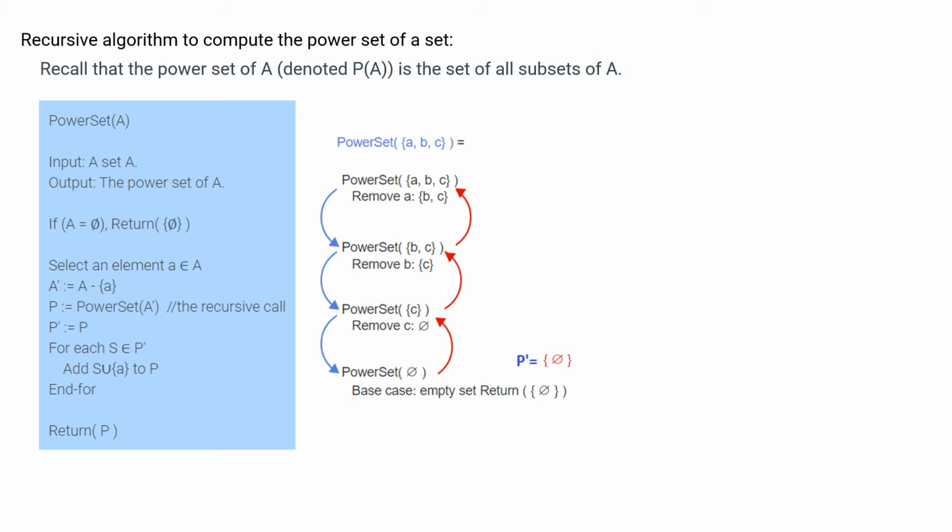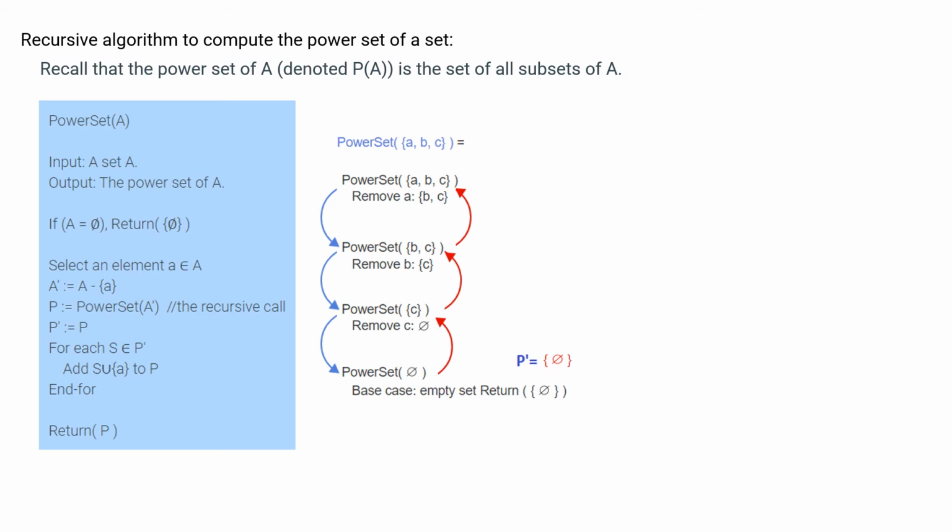So I'm going to let P prime equal what just got returned. Then it says for each set in P prime, add what we get if we add the element that we just took away back in.